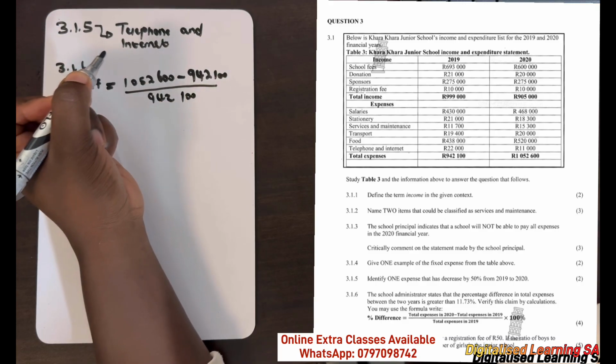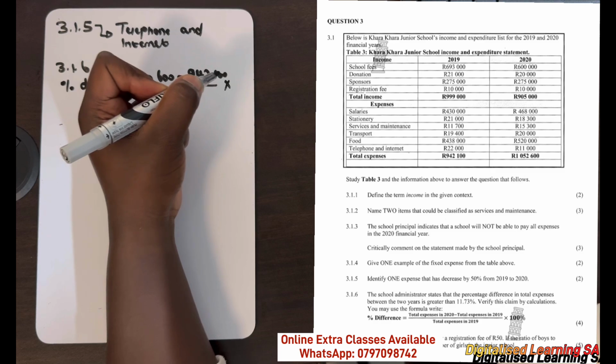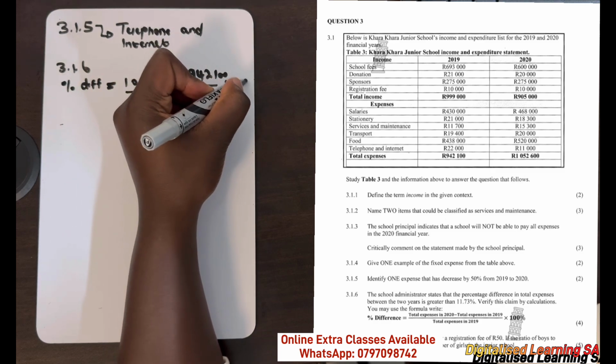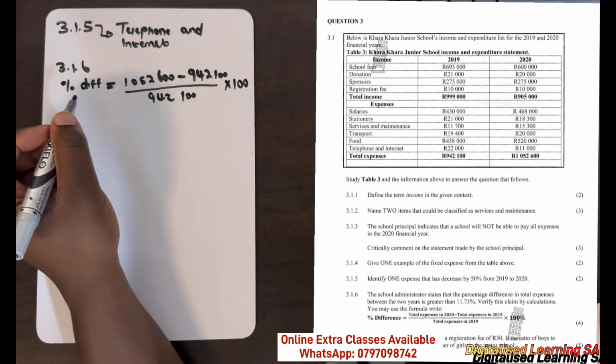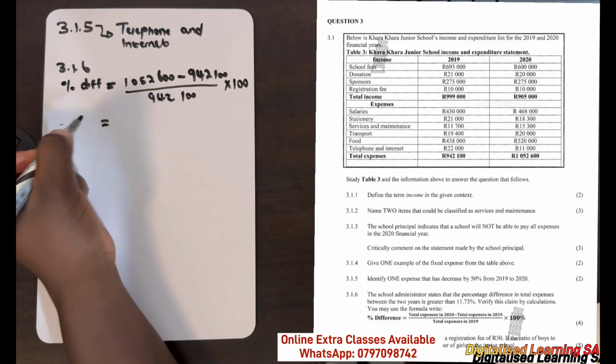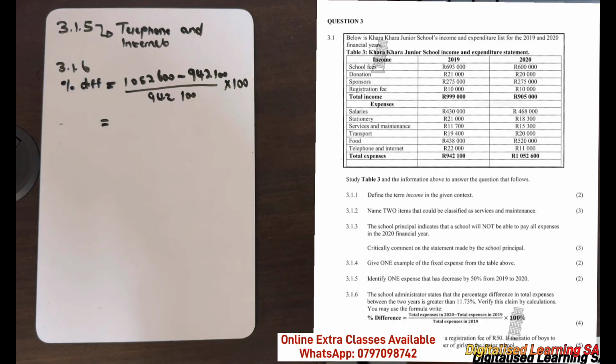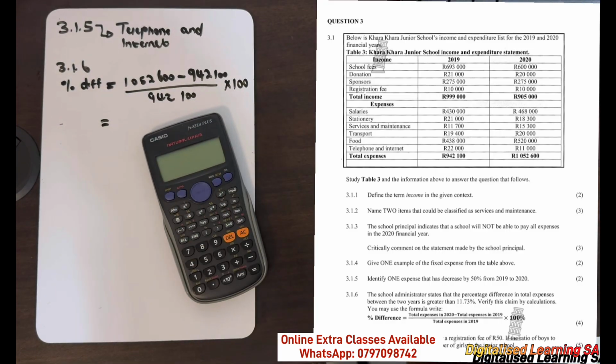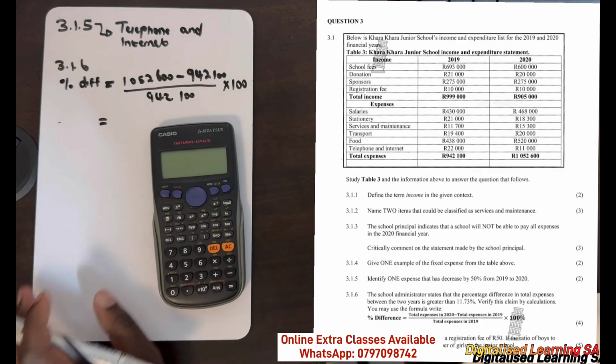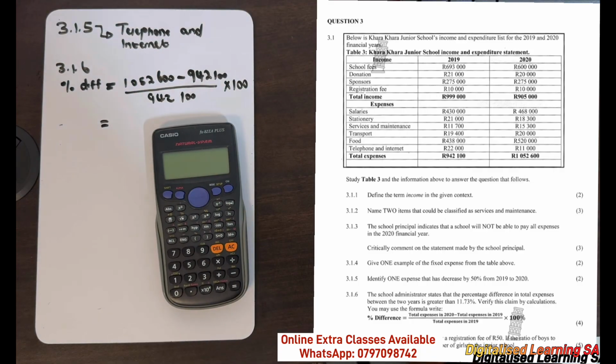Because we are looking for a percentage difference, we need to multiply by 100 so that our answer can come out as a percentage. So now, without wasting any time, let's go ahead and work this out on our calculator.